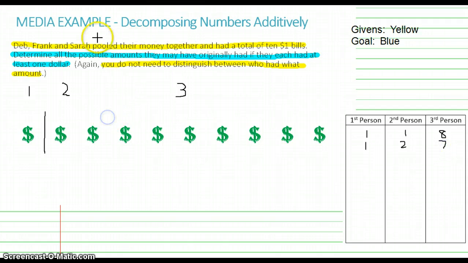Now we're going to continue on just like we did before, 1, 2, 3, until we see that the amount of dollars on this side would be less than the number of dollars in this partitioning. So we have 3 and 6. So 1, 3, and 6. Okay, our next partitioning would be at 4, and this gives us 1, 4, and 5.